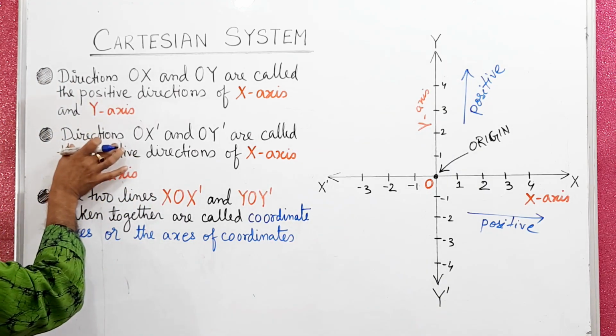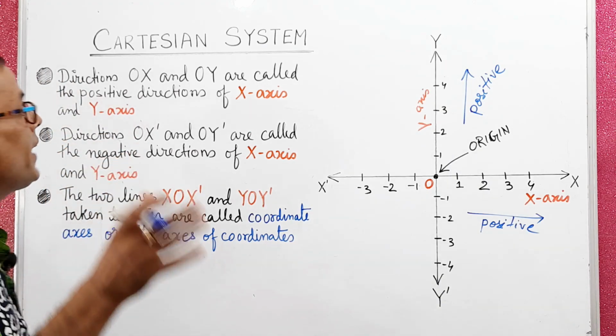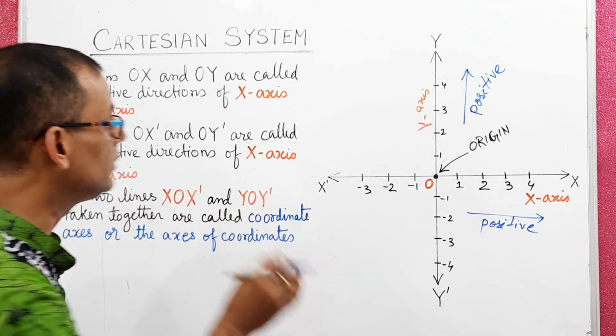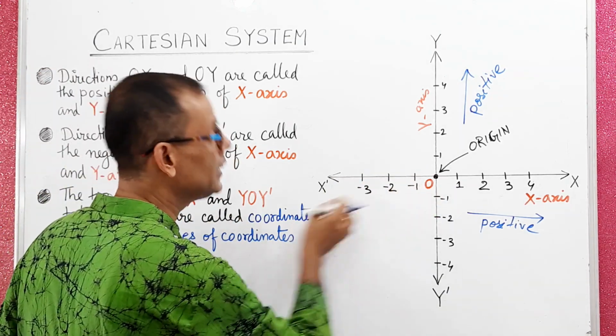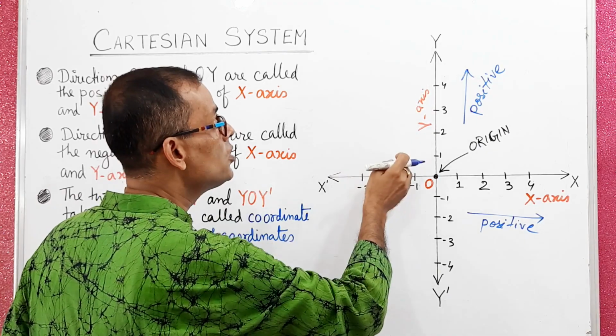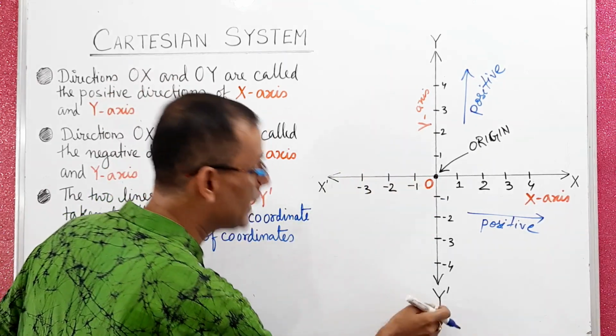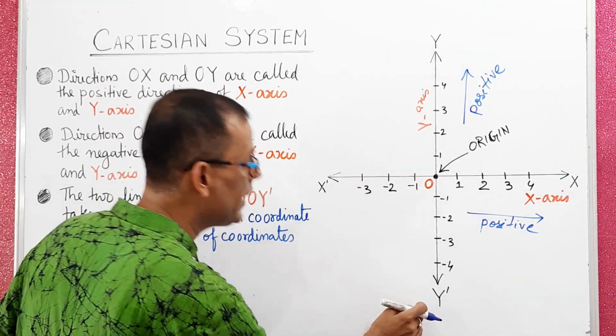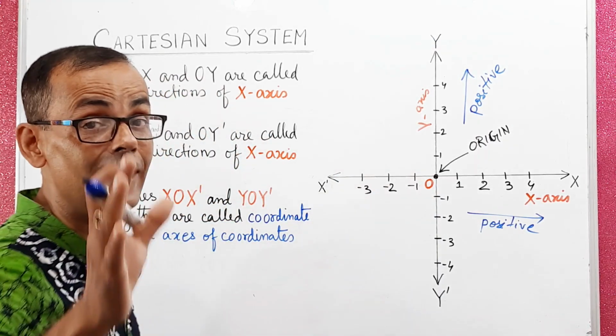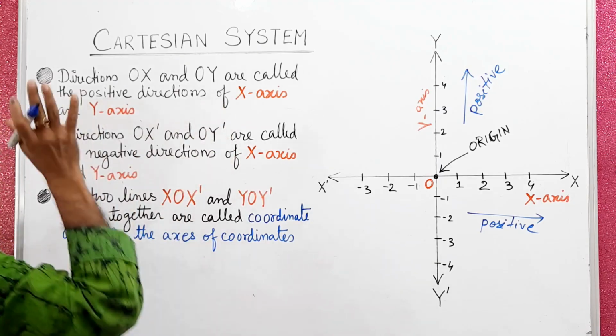So the positive directions of x-axis and y-axis. Now the next one is what? Directions OX dash and OY dash. So this one is OX dash, and not upside, OY dash. They are called the negative directions.